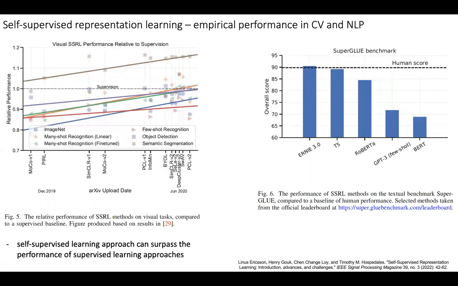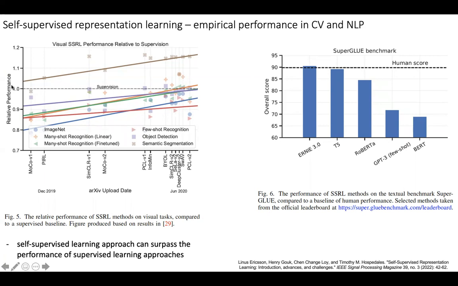So what about the performance of these self-supervised learning approaches? Can they really give us any benefit? The answer is yes, they can even surpass the performance of fully supervised learning approaches.